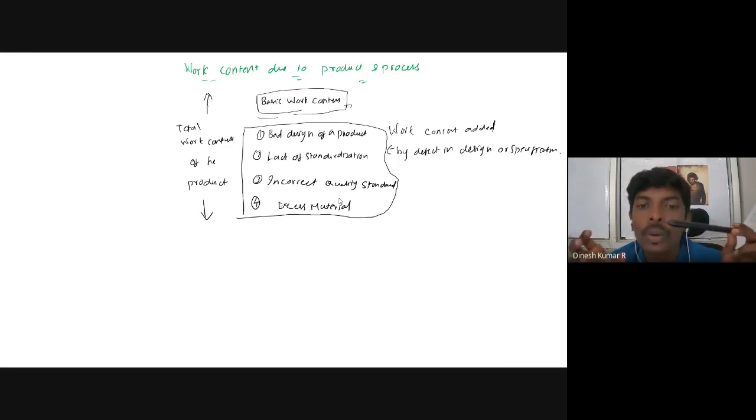Then you have to understand excess material comes under work content added by defect in design or specification. Then that comes under the total work content of the product, where the total work content of the product is the combination of both your basic work content and the work content added by design or defect. So my question will be completely indirect. That is the only reason why I'm spending most of my time over here on a clear cut example or explanation. Any doubt till this?